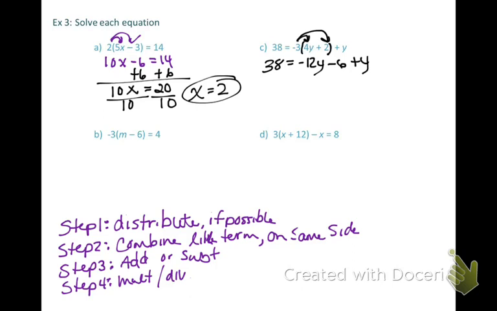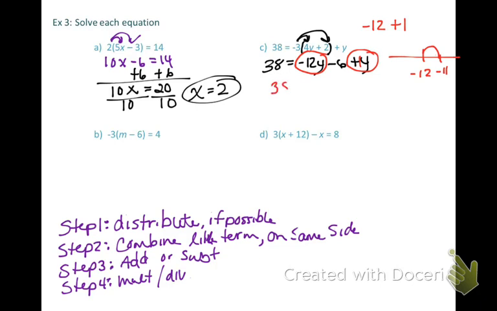Now I go down to my step 2, and that's combine like terms on the same side. Well, here's a like term and here's a like term. So remember, that's a 1. So I have -12 plus 1. If I looked at my number graph, it starts at -12 and I'm adding 1. So it's going to be -11.